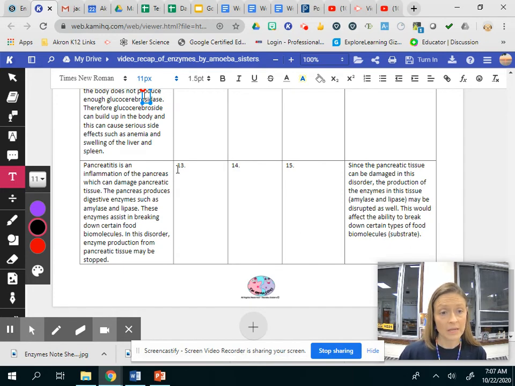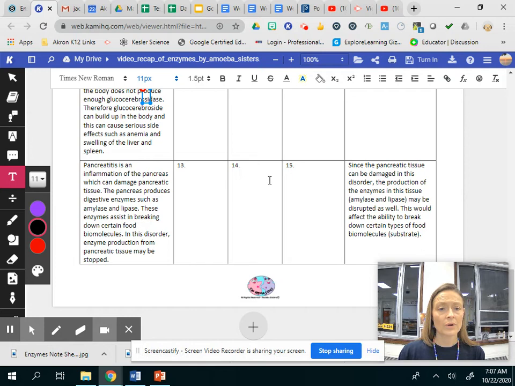And then the last one, pancreatitis, so your pancreas sits right under your stomach, is an inflammation of the pancreas which can damage pancreatic tissue. The pancreas produces digestive enzymes such as amylase and lipase. These enzymes assist in breaking down certain food biomolecules. In this disorder, enzyme production from pancreatic tissue may be stopped.